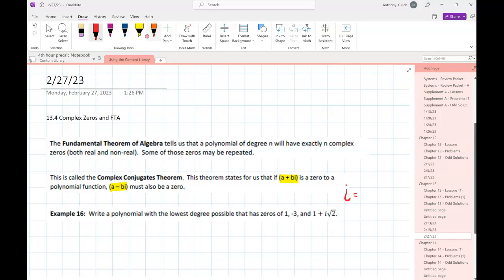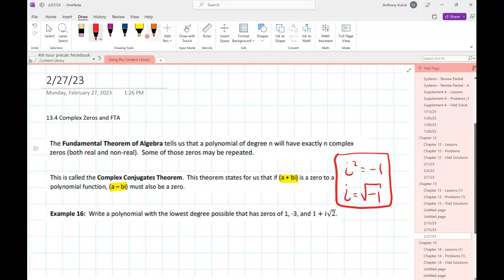Anybody remember? It's from Algebra 2. You did it last year. Close. It's the square root of -1, which means that i squared is -1. Yeah, there you go. Okay. So again, you did that last year, but let's refresh our memories because it's been a minute.